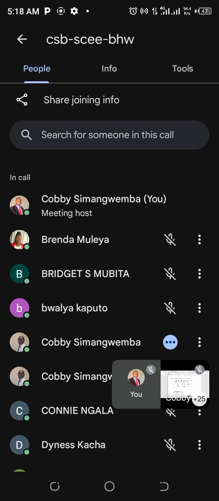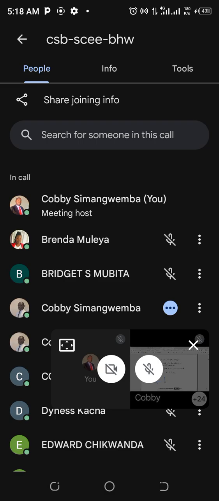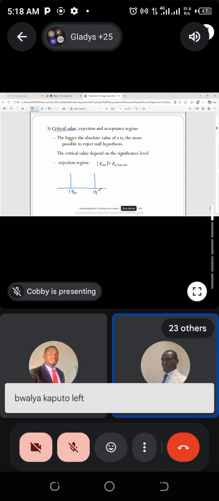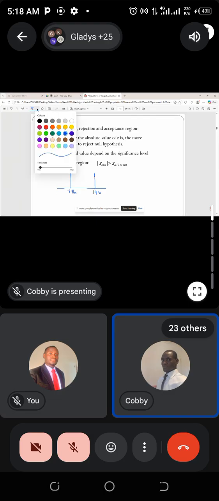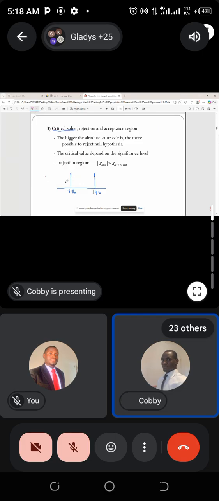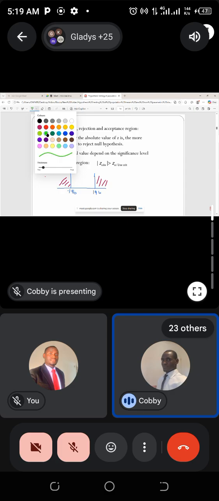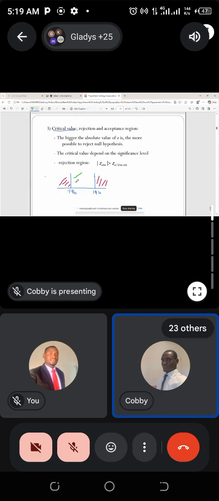Then you are going to have these regions, this region and this region here, and then this other region at the middle.